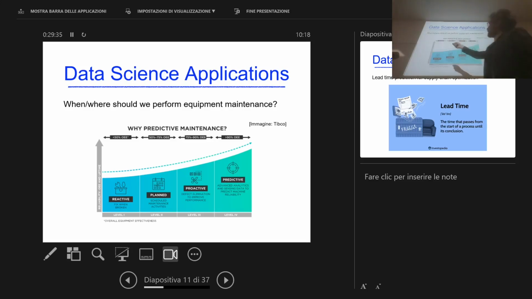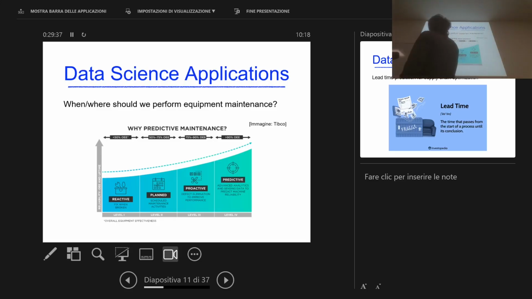Another: when or where should we perform some maintenance? This idea of predictive maintenance has been a very hot topic for a few years. Whenever you have some equipment, so you are producing something, or even if you are a logistics company, your vehicles, it's basically the same.